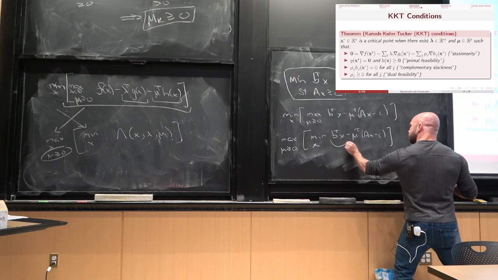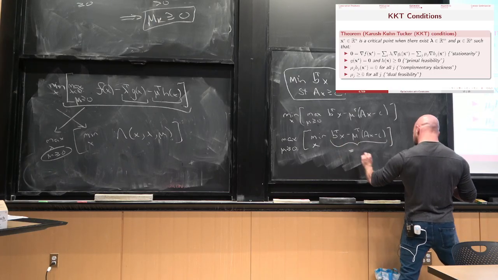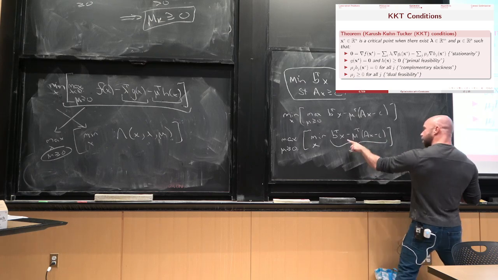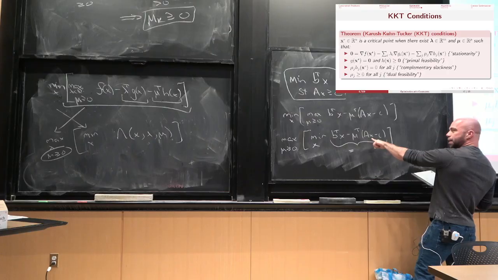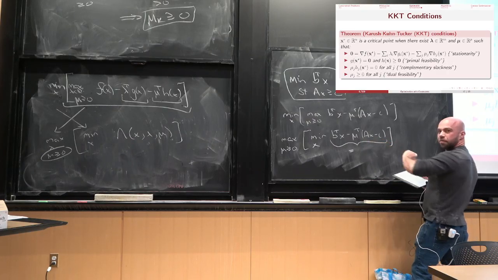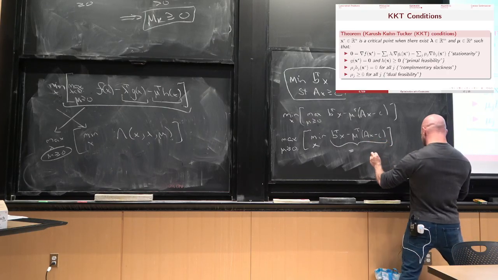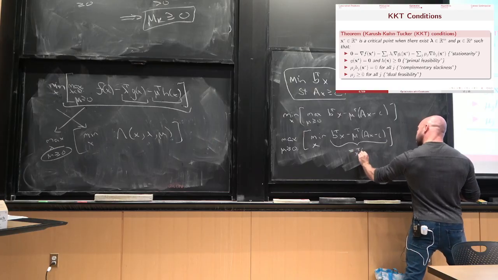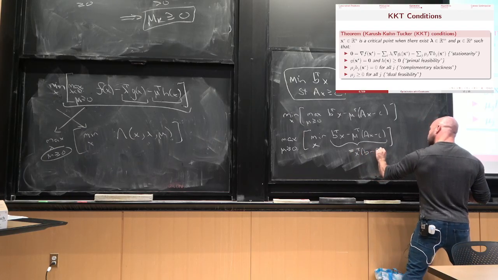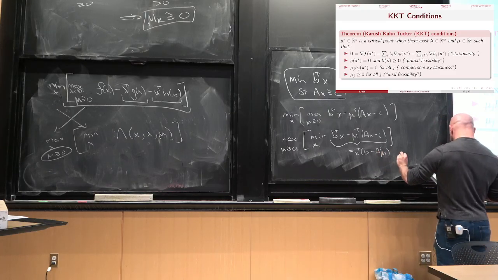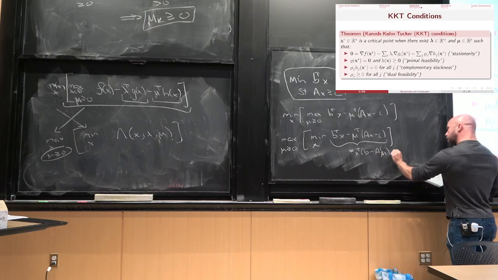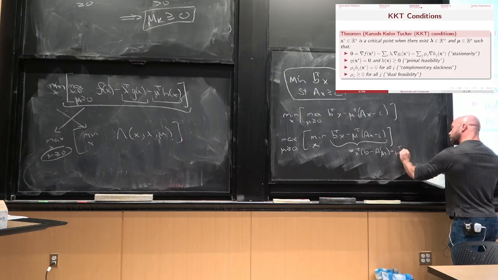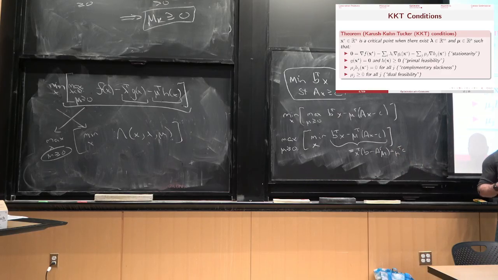This thing is equal to, if I rearrange, I've got an x dot product b and an x dot product A transpose mu. So I can write this as x transpose (b minus A transpose mu) plus mu transpose c. Does everybody agree with me that these two things are the same?